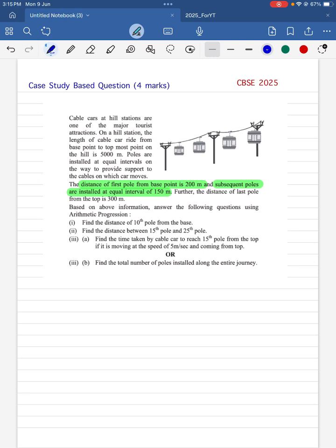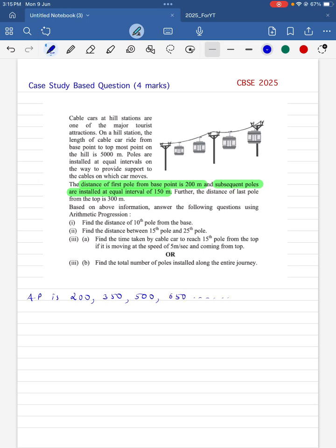Which means our AP is going to have its first term as 200. The AP is 200, comma, the next term would be 200 plus 150, which is 350. The next one would be 350 plus 150, which is 500. And the next term would be 500 plus 150, which is 650, and so on.